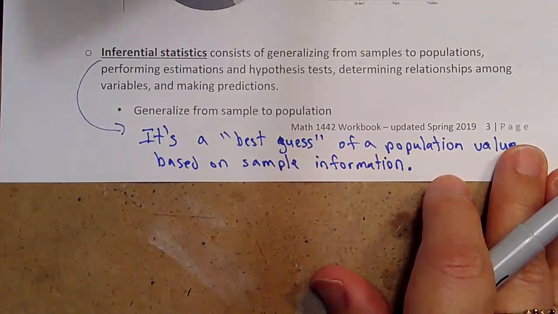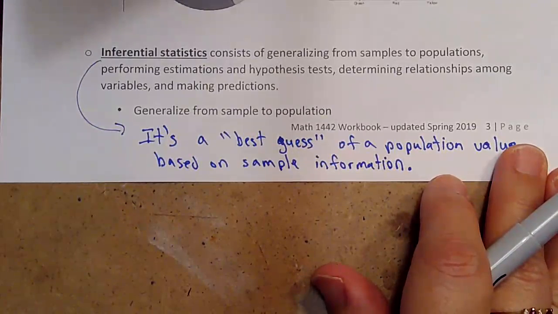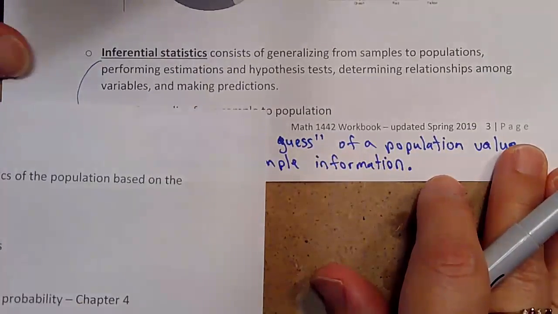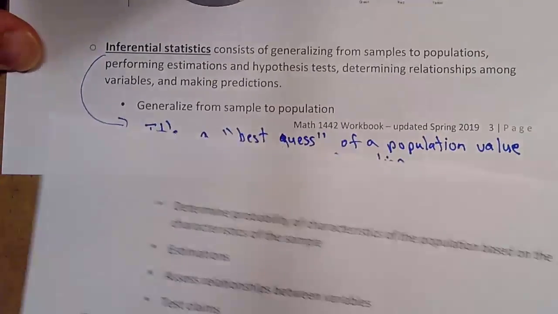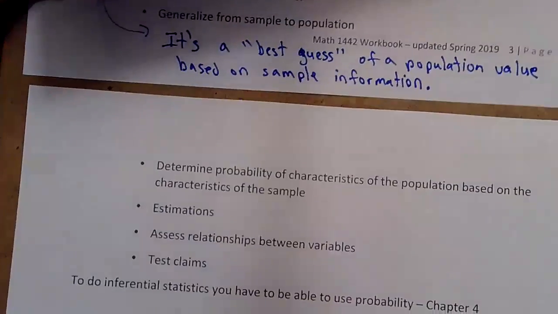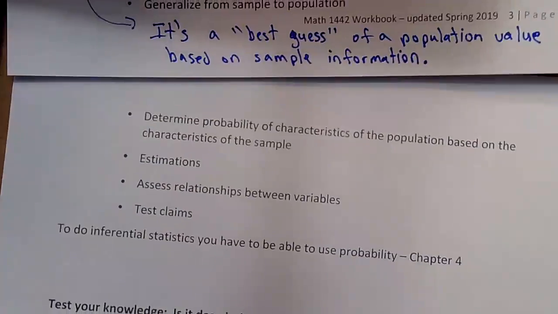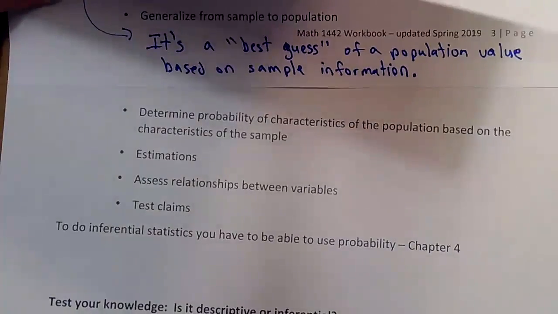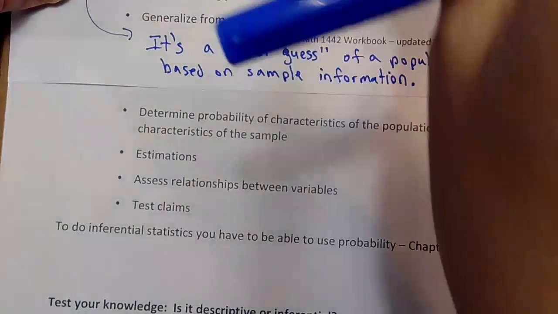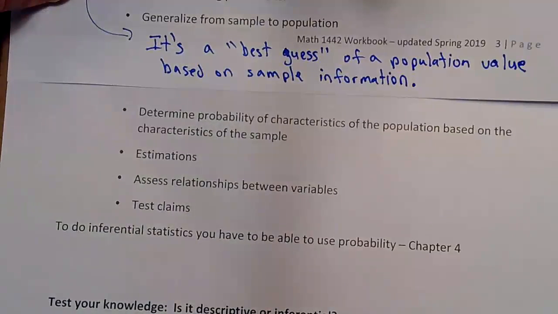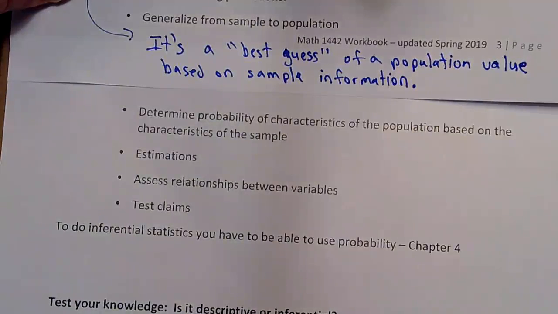On the next page, you have a few more bulleted items concerning inferential. It determines the probability of characteristics of the population based on the characteristics of the sample, estimations, assessing relationships between the variables, and then testing claims.